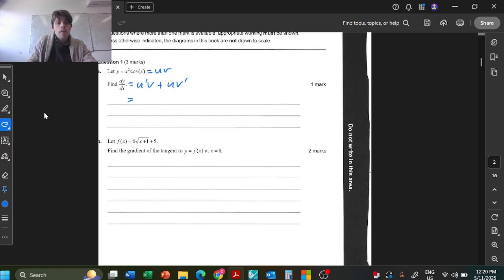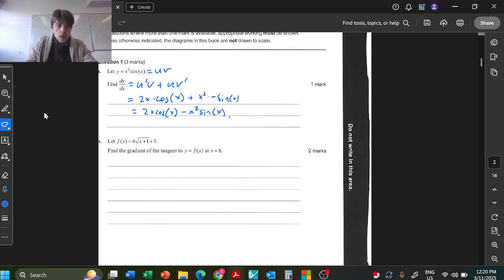If we take u as x squared, the derivative of that is 2x. We multiply that by cos x, and then we take x squared and multiply it by the derivative of cos, which is negative sine x. So this comes out as 2x cos x minus x squared sine x.